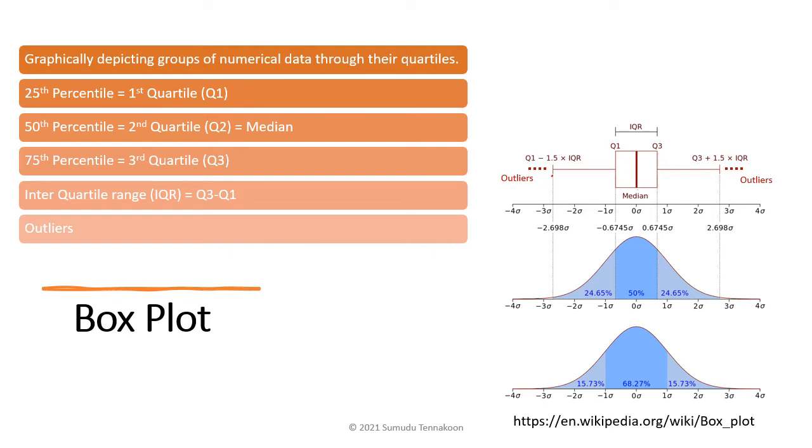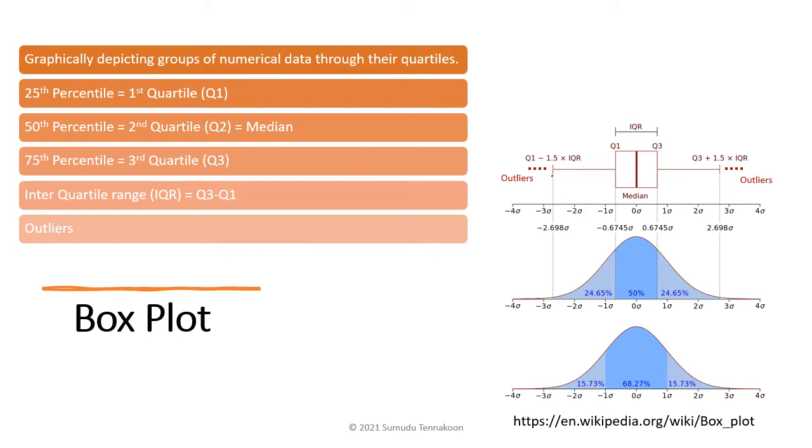In the box plot, as the name suggests, a box is drawn between the first quartile and third quartile. That's the width of the box, and the median value, which is your second quartile, will be represented by a line. The whiskers tell you the boundaries of your data set before outliers.